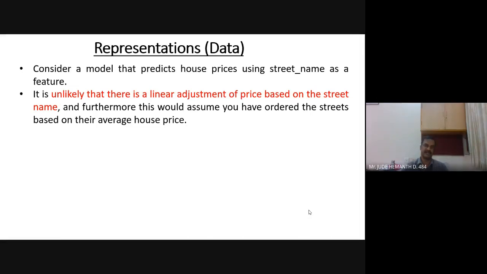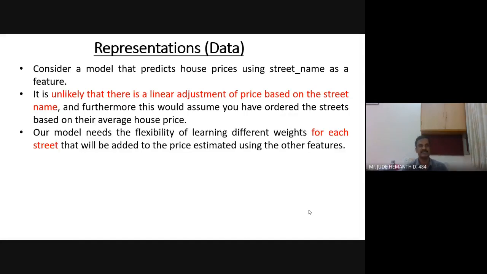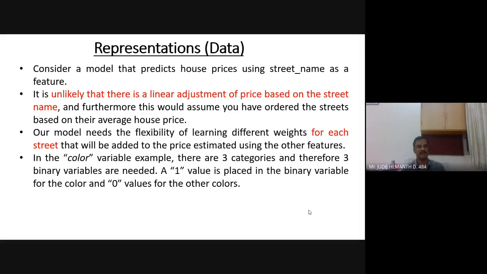If it is a color, even if you are giving only red, blue and green also should be there. Only then can we compare and say this is high or this is low. In other words, our model needs the flexibility of learning different prices, or whatever it may be, for each street. How can you do that?